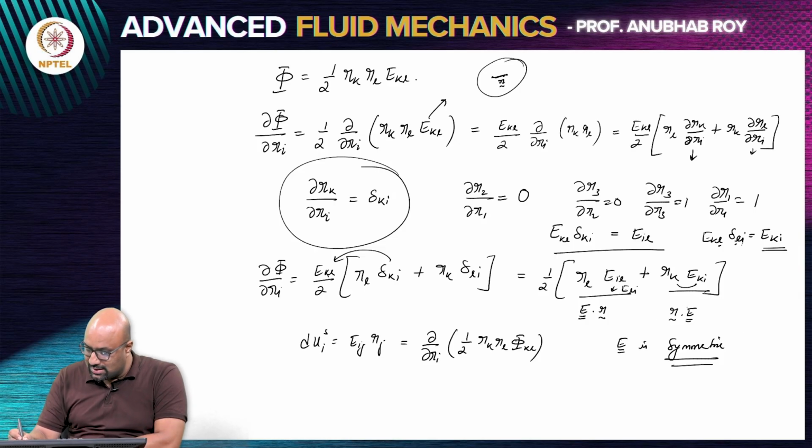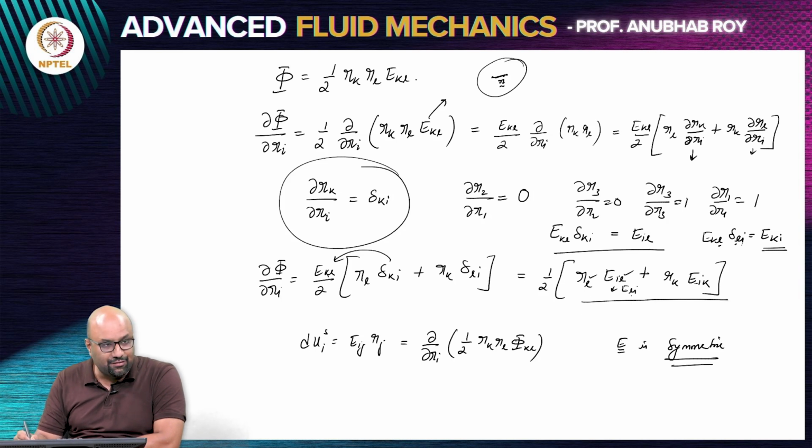So, that says that this particular term, which was R_k E_ki, I can write it now as E_ik. So, both the terms are now the same. L is a dummy index in the first term, K is a dummy index in the second term. Nothing particularly sacred about K and L. So, both are exactly the same. So, you get half into 2 R_l E_il, which is equal to R_l E_il.